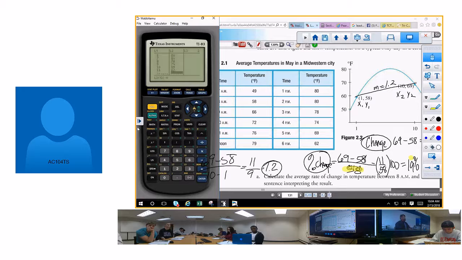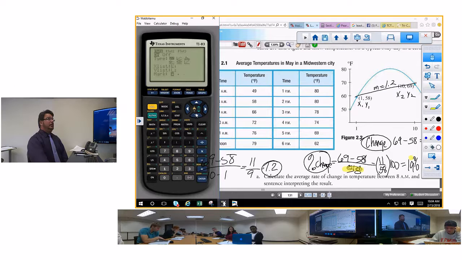Now, you got to do a stat plot. So hit second, y equals, and then turn your stat plot on. You want a scatter plot, which it automatically defaults to, and then hit enter, and then graph.